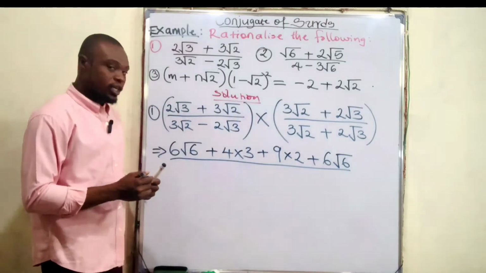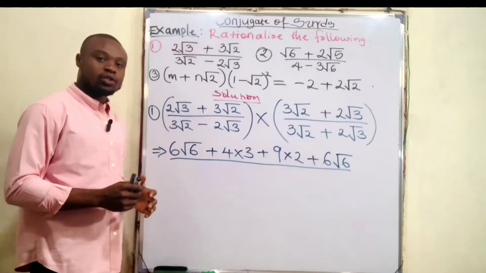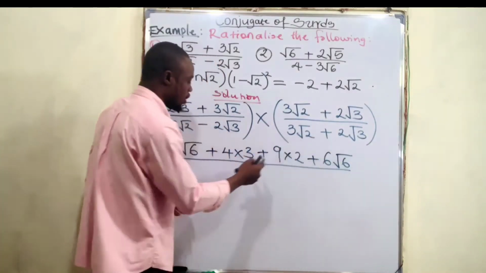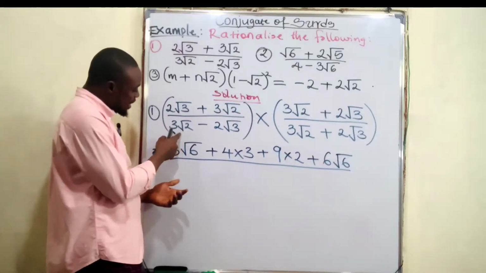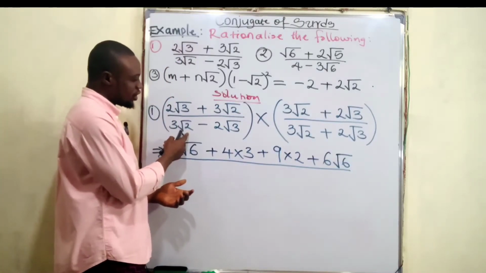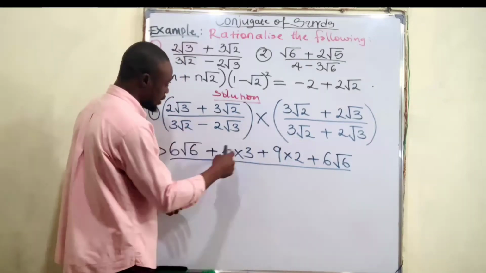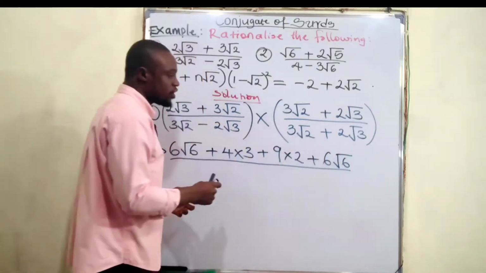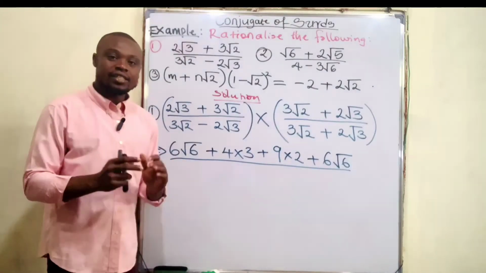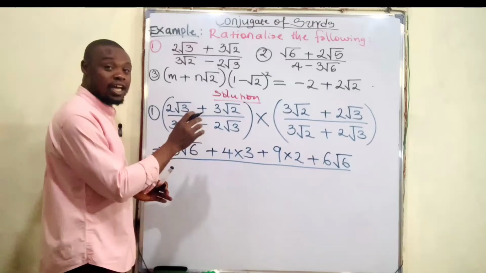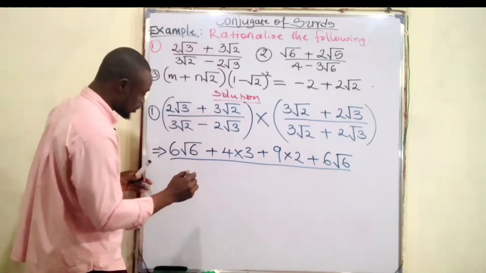So this is what I was talking about, the difference of two squares. We have a minus here and we have a plus here. So you can see this as A: we have a 3 root 2 here, and we have a 3 root 2 here. So this is A, this is A, and this is B, this is B. Since they are the same, what we are going to do is square the first A and square the B. That's all.